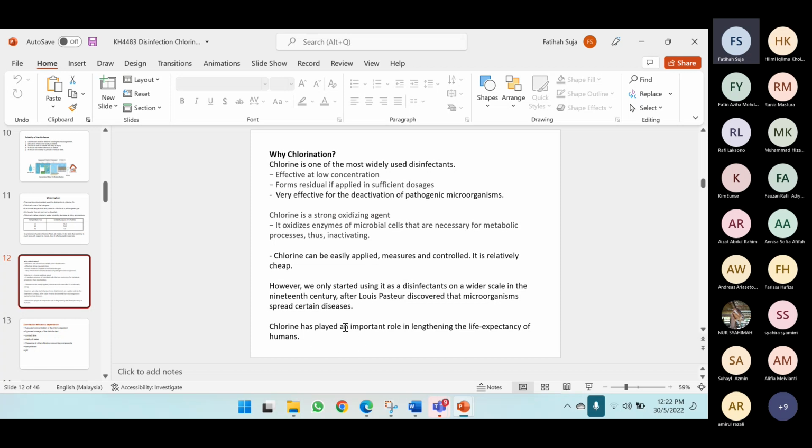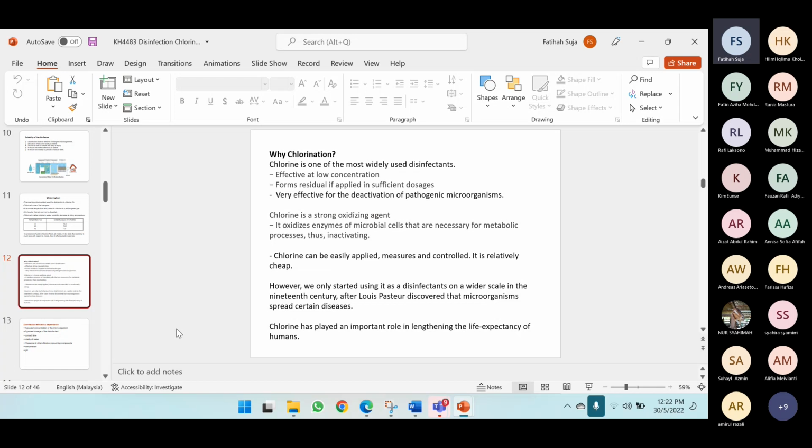Okay, so chlorine has played an important role in lengthening the life expectancy of humans. This is when maybe they talk about this based on some data. But of course, there are many other factors that improve the life expectancy of humans.